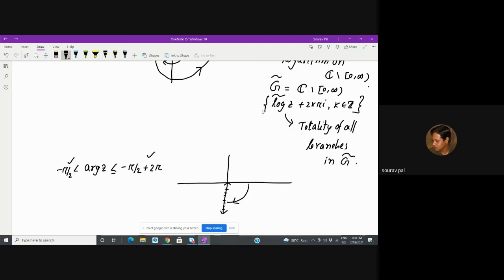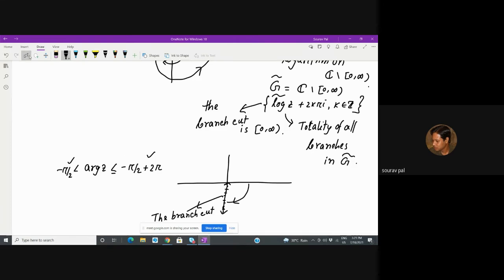So here the branch cut is, what is the branch cut in the previous example? Here the branch cut is this guy. Here the branch cut is this half line. Okay, so the branch cut. Here the branch cut is this.